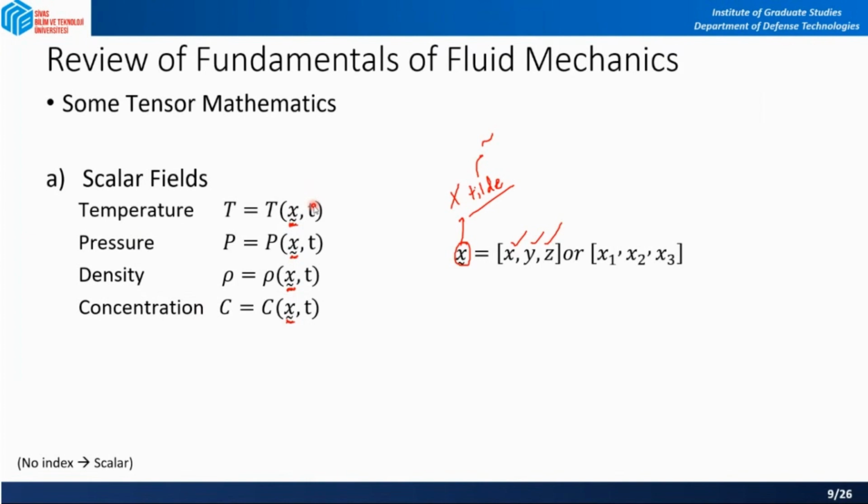What we mean by field is that the variables can be distributed in space. In other words, they can have a different value at another point in space. So they are functions of space and also they are functions of time. So in general, we write it like this, space, x tilde, and t as time.